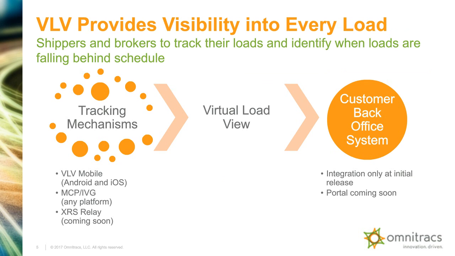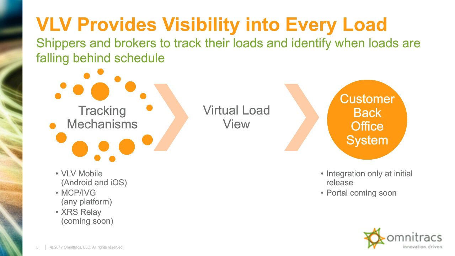Virtual Load View provides visibility into every load. And it all starts with the hardware, the tracking position updates. This can come through the Virtual Load View mobile app that a driver can download on an Apple iOS device, or they don't need to do anything by allowing Virtual Load View to track Omnitracs hardware such as our mobile computing platform, MCP, or our Intelligent Vehicle Gateway, IVG platform.